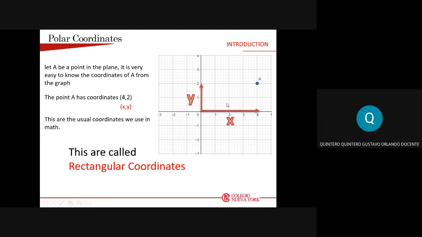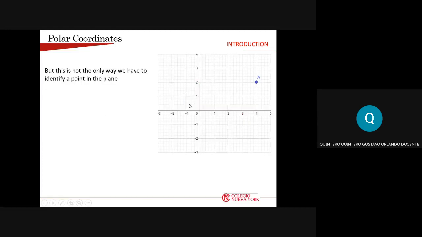For example, if you are using some sort of navigation system, you absolutely don't use Cartesian, rectangular coordinates. We use polar coordinates. The ones that I'm going to teach you right now are the ones that we are usually going to use for the rest of our lives. Not for mathematics. For mathematics, just these ones, but for real life.